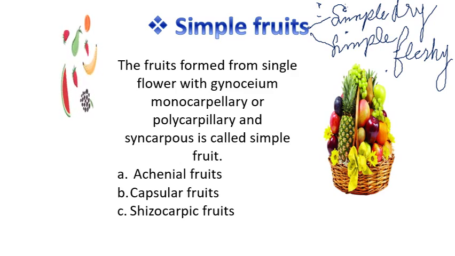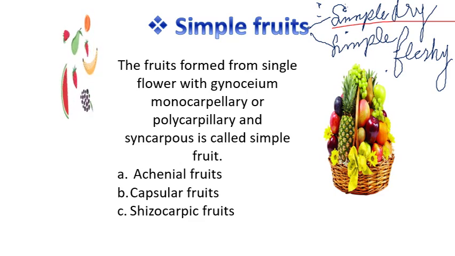So here we take the first one, that is simple dry fruit. Simple dry fruit we simply define as the fruit in which the pericarp becomes thin and dry and does not form three layers. Such types of fruit are called simple dry fruit.